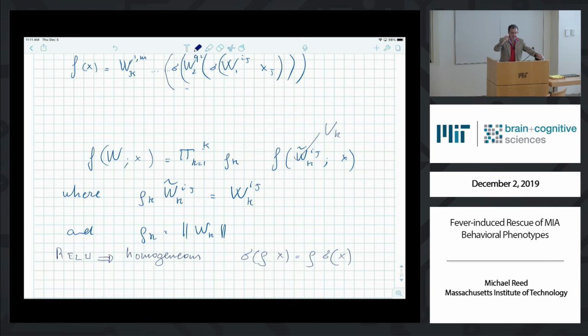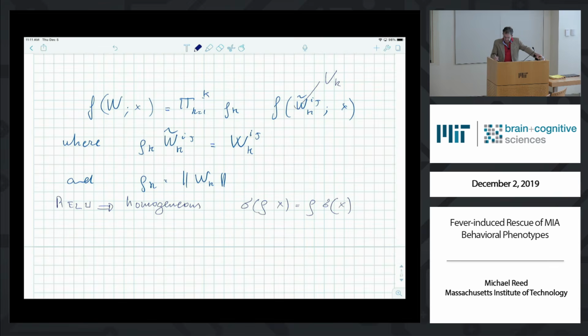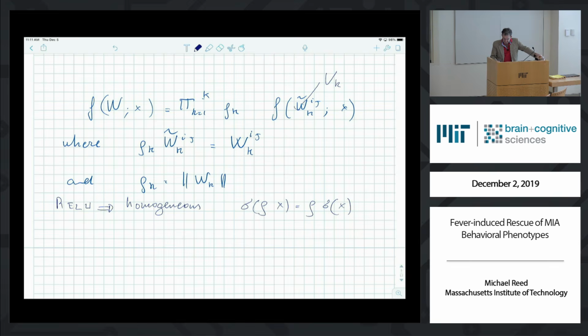Because if you have the ReLU of a times x, where a is a positive number, this is the same as a times the ReLU of x. So let me define by rho_k the norm of the matrix of each layer, the Frobenius norm, because I'll use this later.